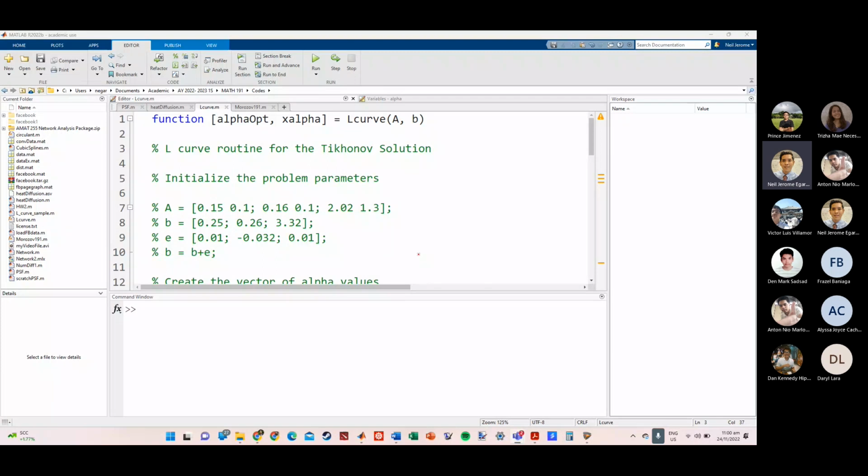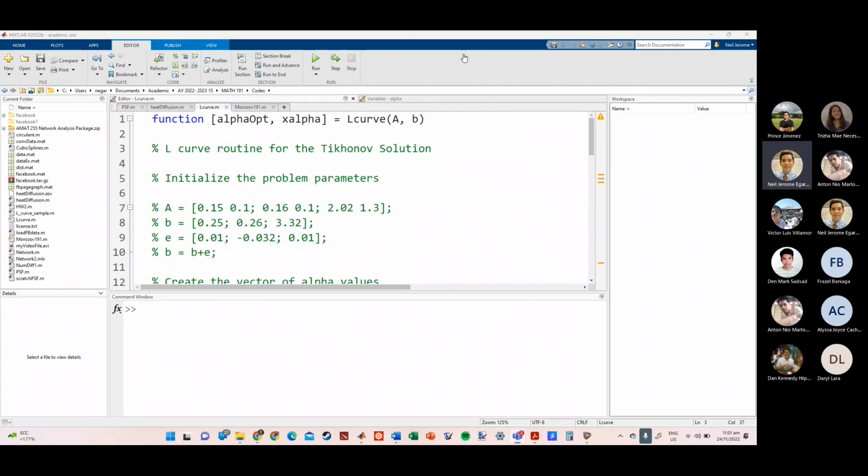Pero anyway, so essentially this is the same, the content is the same, except that now this is not a standalone script. Hindi na siya isang standalone program, pero isa na siyang sub-program. Pangit ko talaga magsulat sa screen ng laptop. Pero anyway, so isa na siyang sub-program, and the benefit of this, you can call this sub-program in another script.